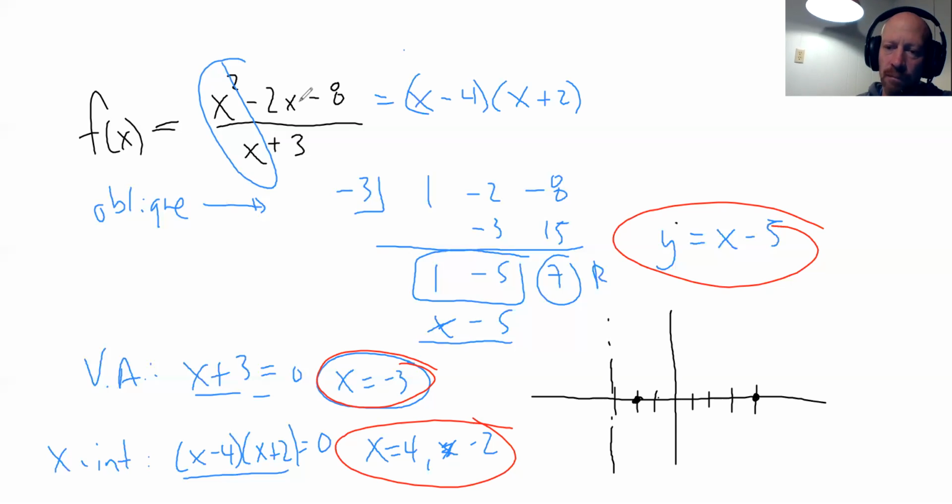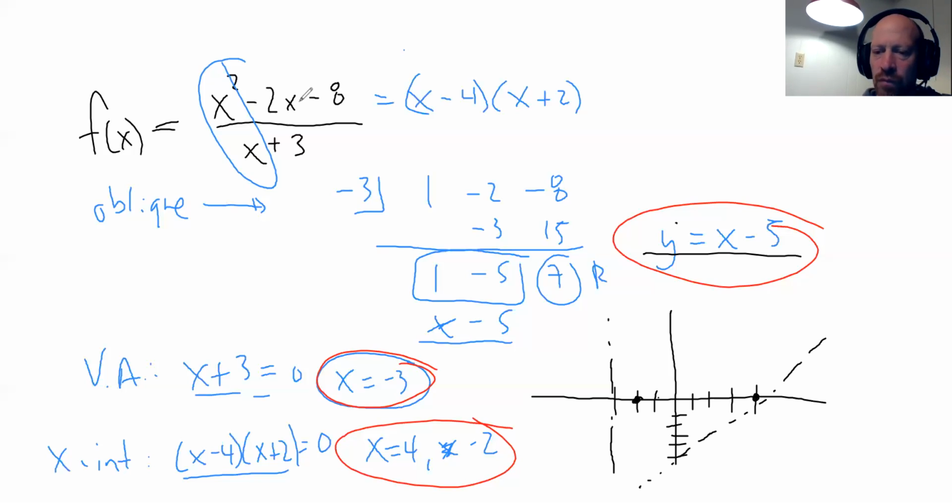So the question then is, how do I put in this oblique asymptote? That's the line y equals x minus 5. So we know what that line looks like. It has a slope of 1. And it goes through minus 5. Notice when x equals 5, y equals 0. So it goes through that point as well.